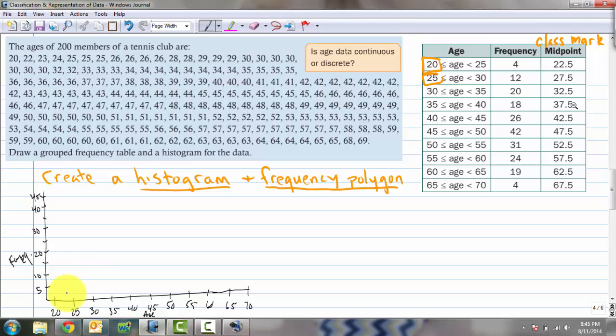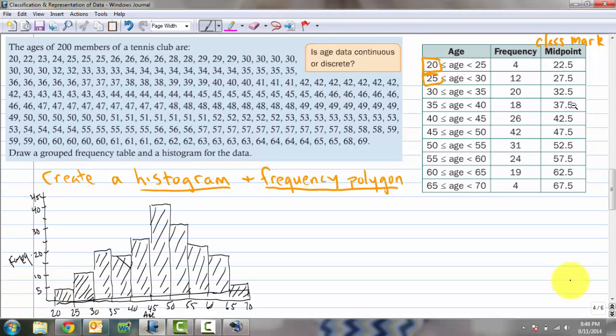From 20 to 25, we're going to go up to 4. So this bar would be roughly that big. 25 to 30 goes up to 12, so a little bit higher than the 10. And because this is continuous data, because this is a histogram, these bars are going to touch each other.